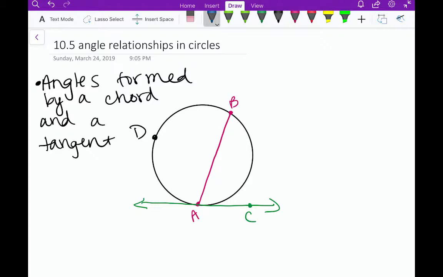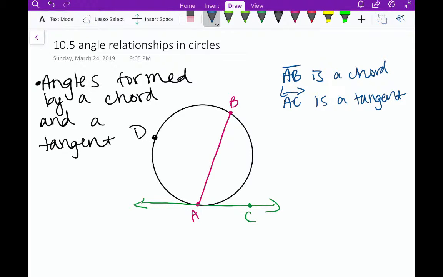The first one we're going to look at is angles formed by a chord and a tangent. Just as a reminder, segment AB is a chord and line AC is a tangent because it intersects the circle at only exactly one point.